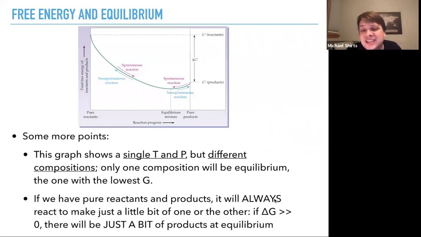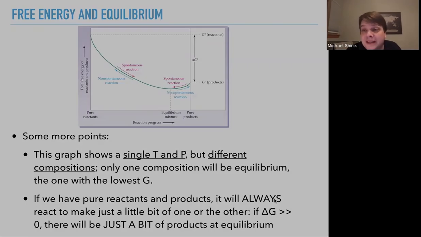But there's always just a little bit, even if it's very low solubility, there'll be a little bit of the products of that dissolution reaction in the solution. So that can be understood by looking at K versus Q. If it's all reactants, then Q has to be 0, and that can't be the equilibrium because Q will be less than K then.